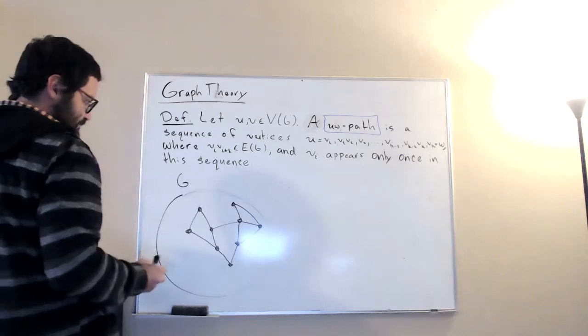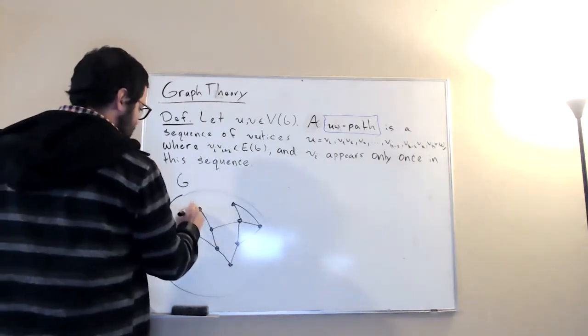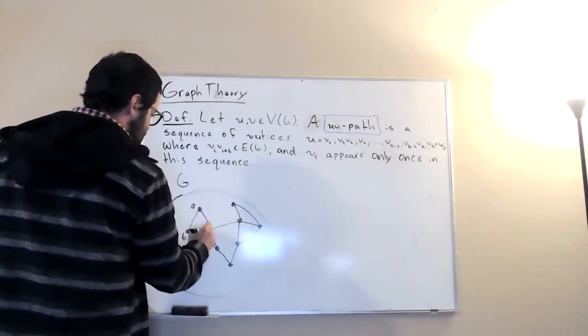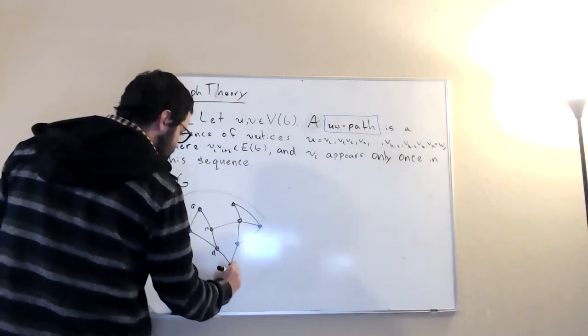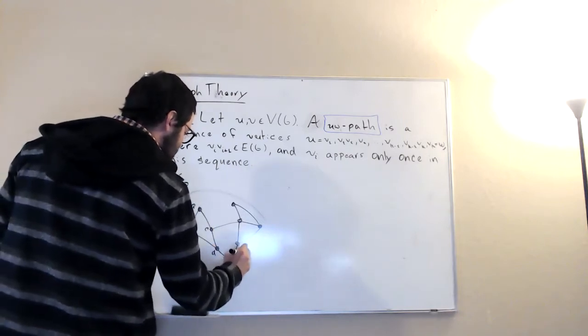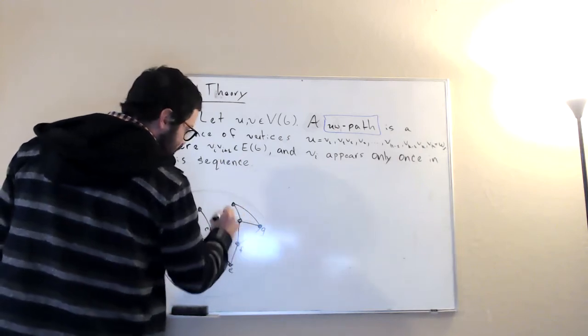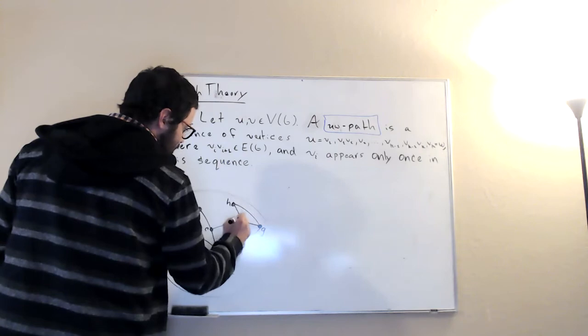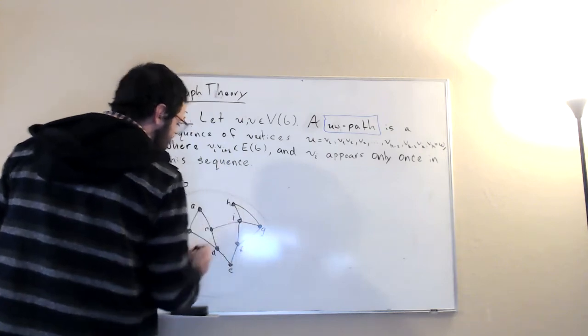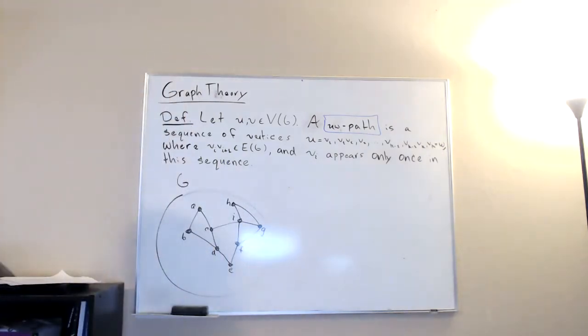All right, so I'll label these vertices maybe A, B, C, D, E, F, G, and then maybe H, and then I. Okay.